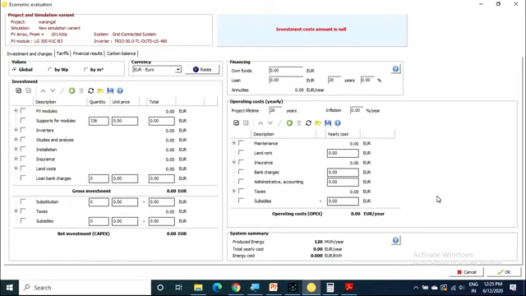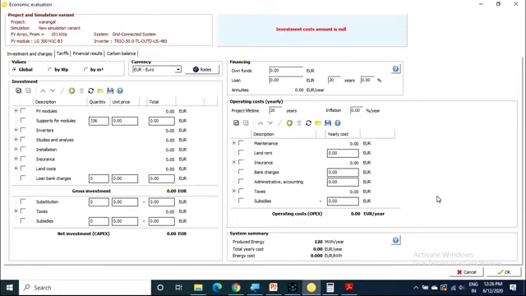Battery and inverter you can also take in rupees per watt. For example, if solar cost is 10 rupees per watt, a 100 watt panel is 100 into 10, 1000 rupees. So you have to know the rupees per watt, then you can calculate the solar pump cost.